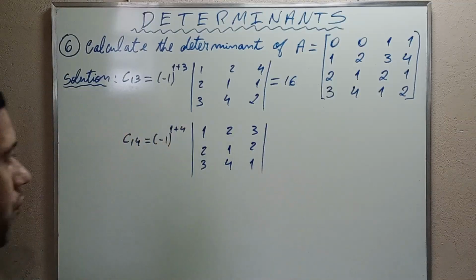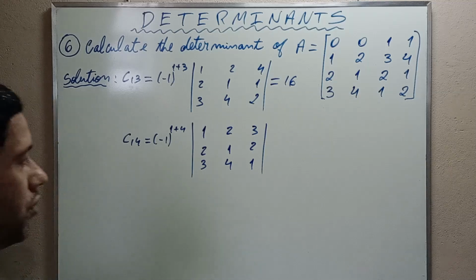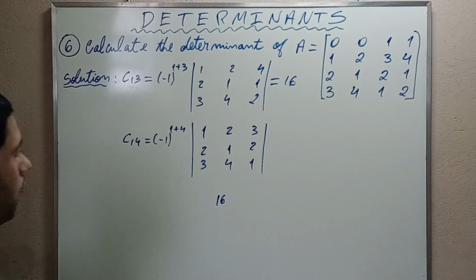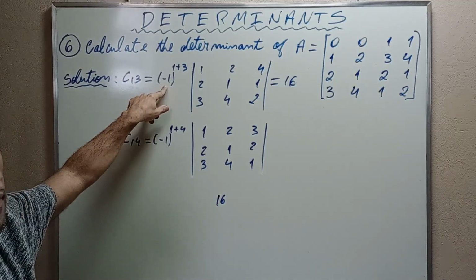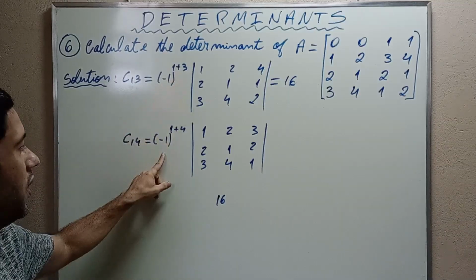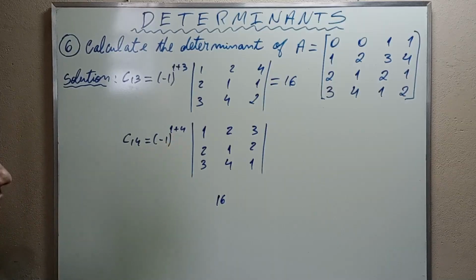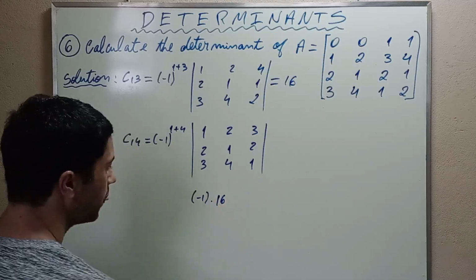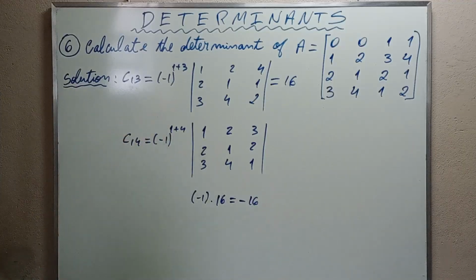Alright? And again, we can find this determinant using the rule of Sarrus. If you do this, you're going to find 16. But different from here, where it is -1 raised to the fourth, which is 1, here it is -1 raised to the fifth, and this is equal to -1. Okay? And this is equal to -16.